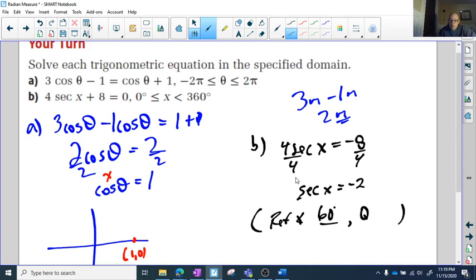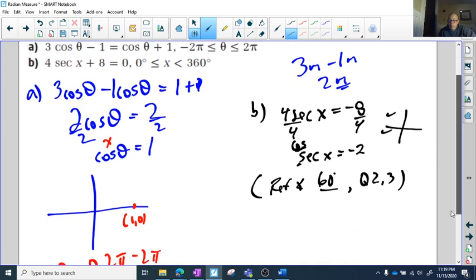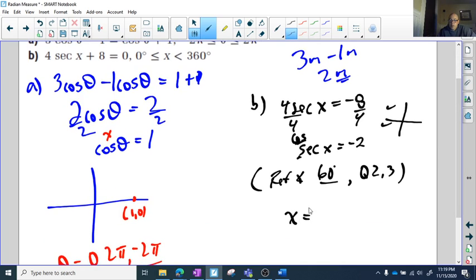And secant, which is cosine, is only negative over here and here, because that's where x is negative. So we're in quadrants 2 and 3, meaning x could be, so they're using x as their angle, 180 minus 60, which is 120. That's your quadrant 2 angle.